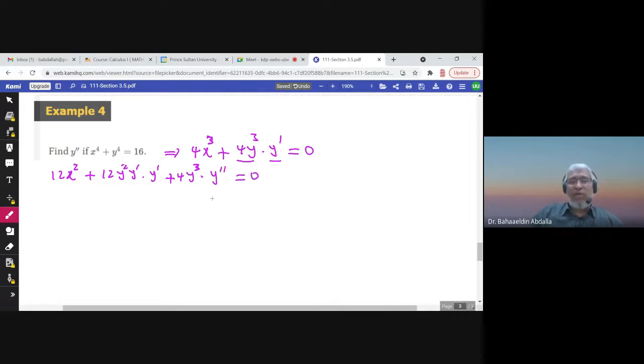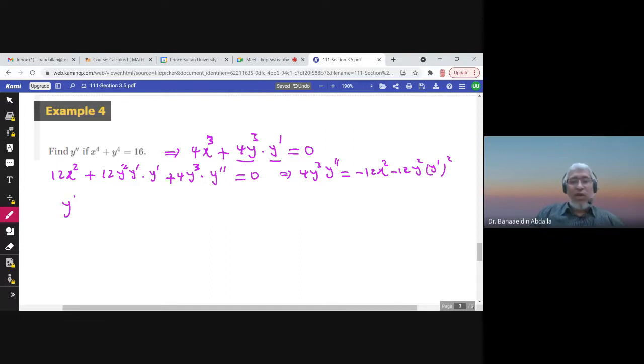So I can find y double prime from here easily. I can keep this term, which is 4y cubed y double prime, on the left hand side, and take the other terms to the right hand side. Here notice y prime times y prime, I can write as y prime to the power 2.